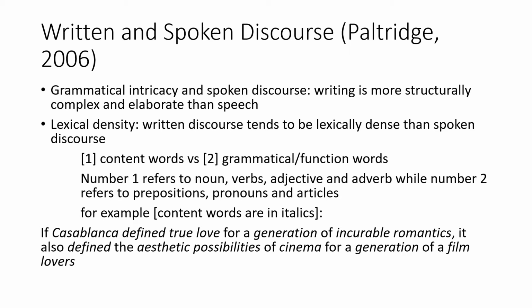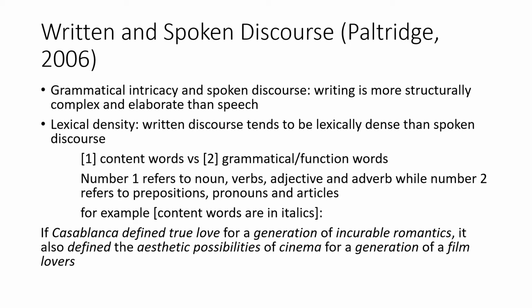I have mentioned just now that in written discourse, we use words with more density and more structure than in spoken discourse. Let's see the examples. Content words are written in italics. For example, if Casablanca defined true love for a generation of incurable romantics, it also defined the aesthetic possibilities of cinema for a generation of cinema lovers.